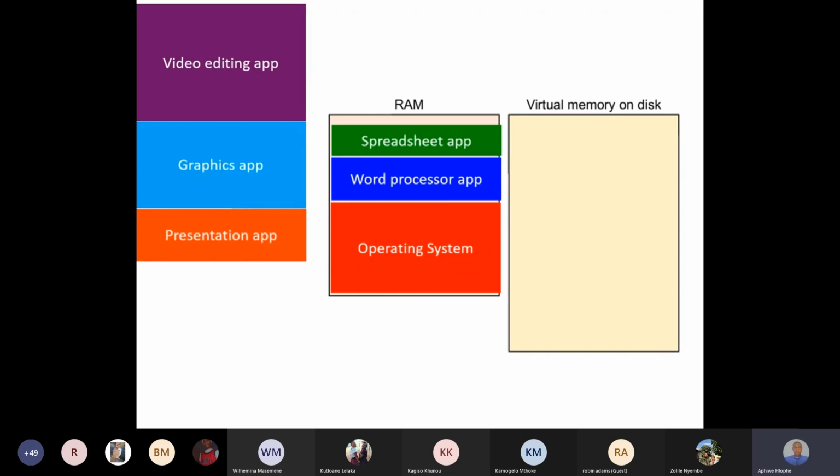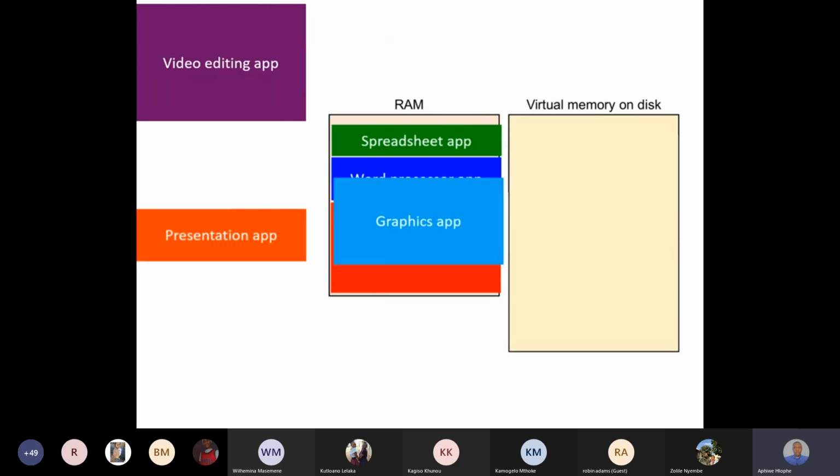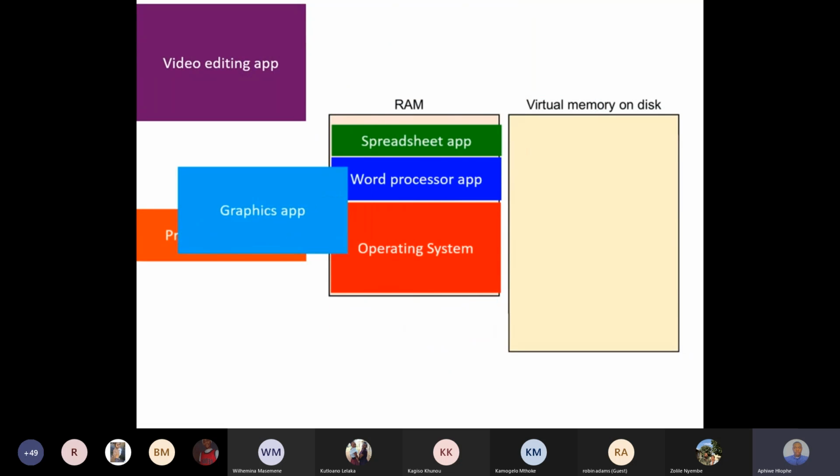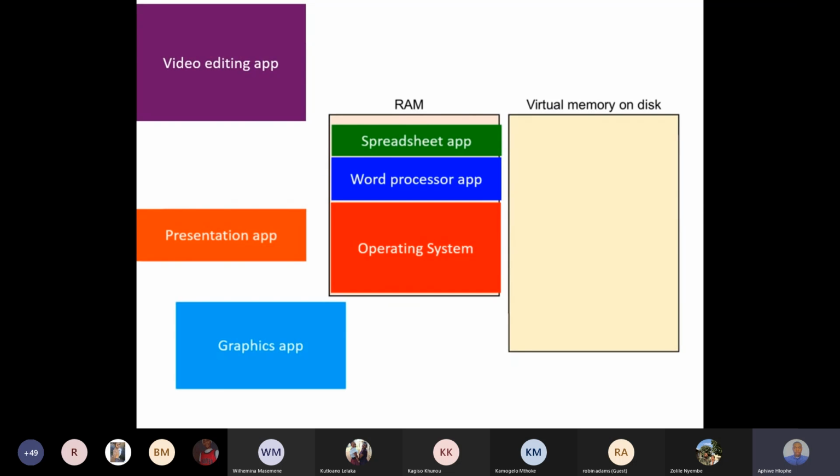But what happens when you run out of RAM? For example, here we've got the operating system and the word processor and a spreadsheet application open all at the same time, and we've run out of RAM. Now we want to also open our graphics application, but where can it go? Well, because the computer can only execute one instruction at a time, it means that some of the instructions are not likely to be fetched in the near future. Therefore, one solution is to transfer instructions that have not been used to a space on the hard disk. This is known as virtual memory.